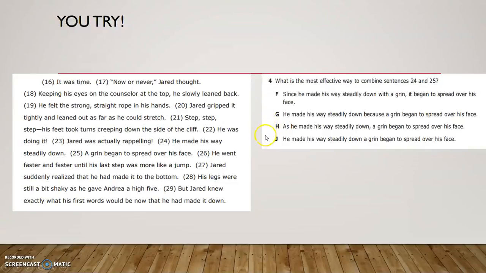Or he made his way steadily down, a grin began to spread over his face. Yes, the answer is H. As he made his way steadily down, a grin began to spread over his face.